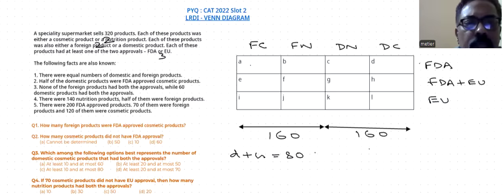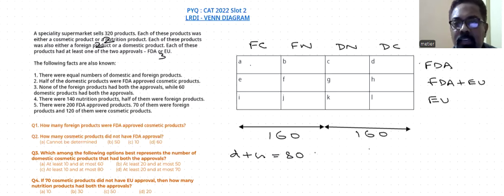Next. Number 3, none of the foreign products had both approvals, while 60 domestic products have both the approvals. So at this point, we are getting two pieces of information here. One is that no foreign products will have both approvals, meaning E and F will be 0.